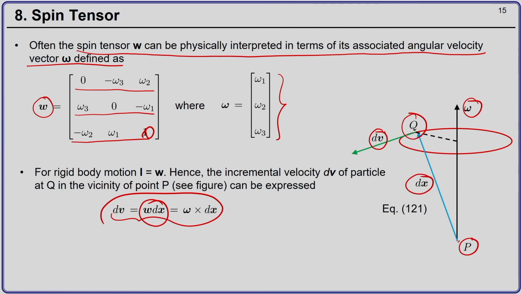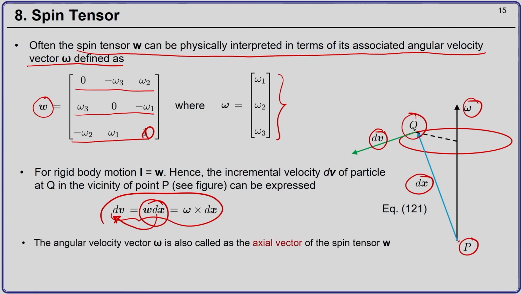So, the spin tensor maps the relative position vector dx to the relative velocity vector dv. The angular velocity vector omega is also called the axial vector corresponding to the spin tensor W.